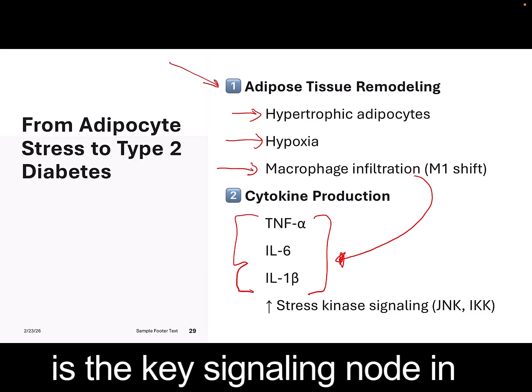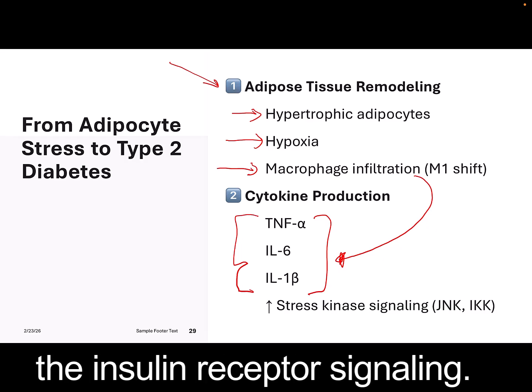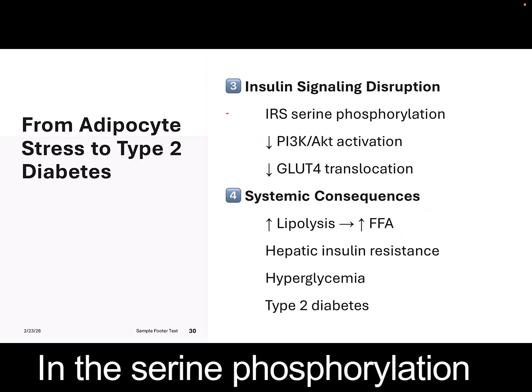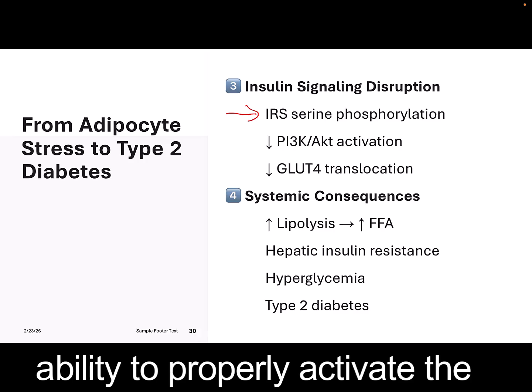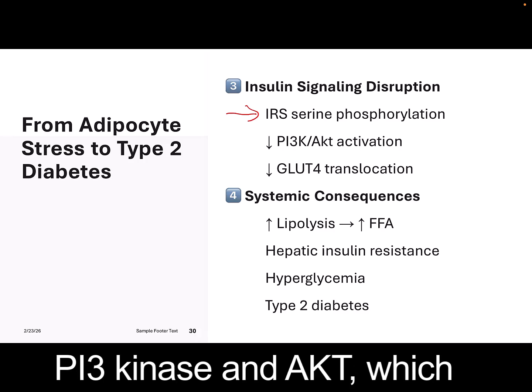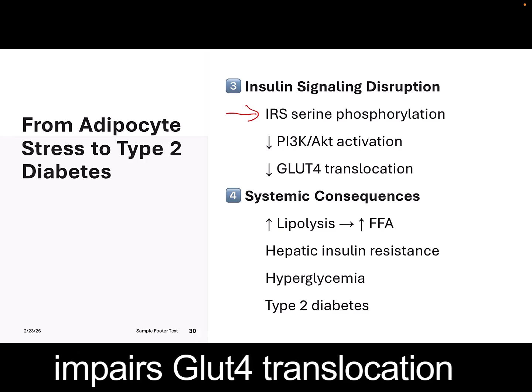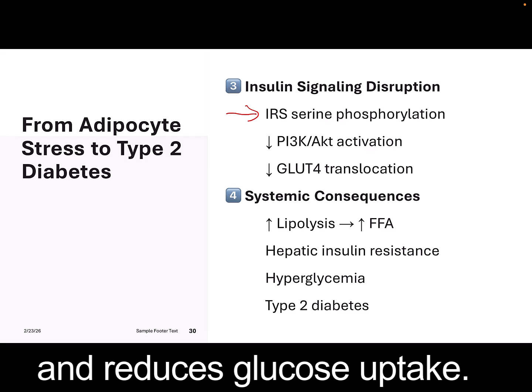This is the key signaling node in insulin receptor signaling. And the serine phosphorylation of the IRS protein disrupts its ability to properly activate the PI3 kinase and AKT, which impairs GLUT4 translocation and reduces glucose uptake.